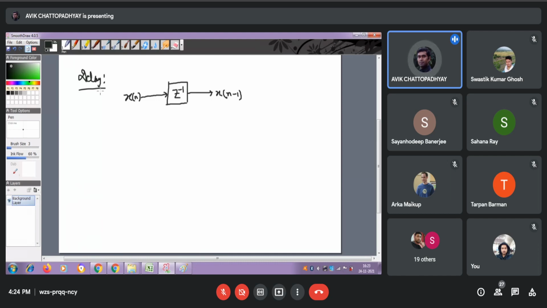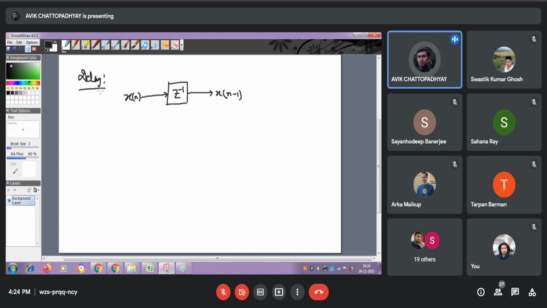In terms of software also, you can represent the same thing. There also you can implement the memory, where you can store it and then retrieve it or bring it back to the immediate next sample.